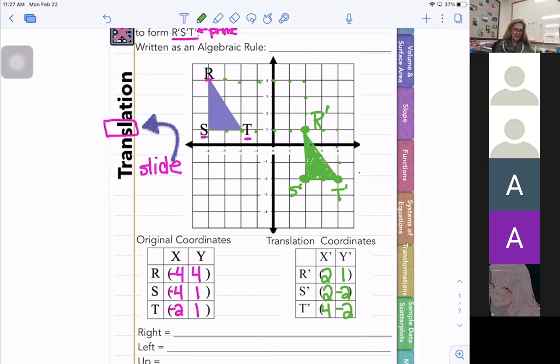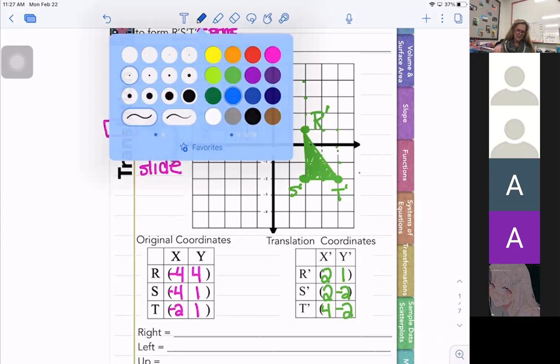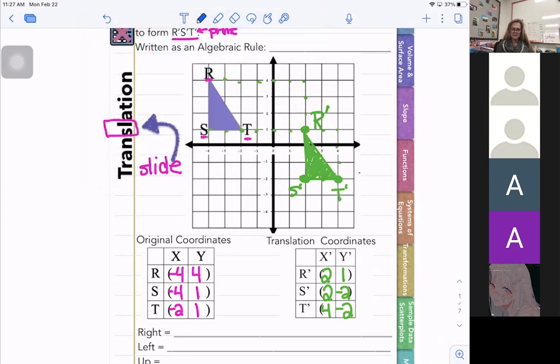If you look at your original and your translation coordinates, what happened to X? Let's just take R first. I was at negative 4, and then I ended up at 2. What happened to that negative 4? What did I do to it?